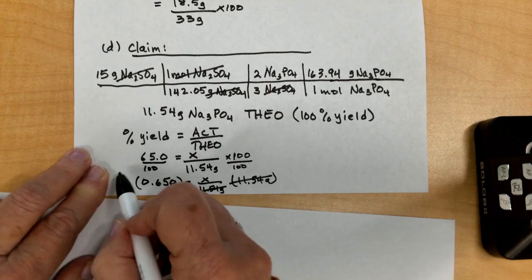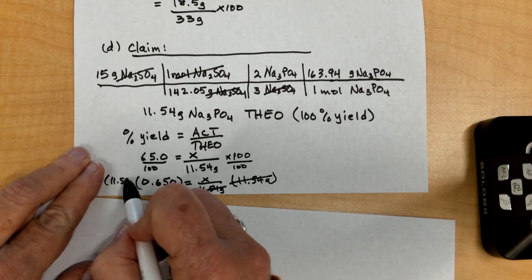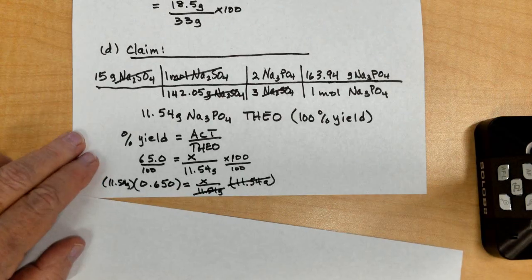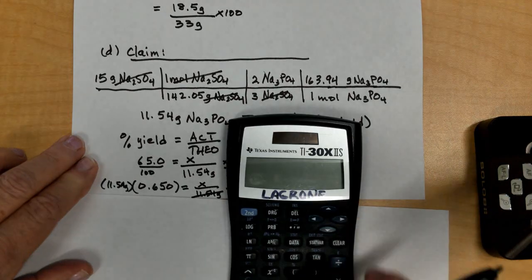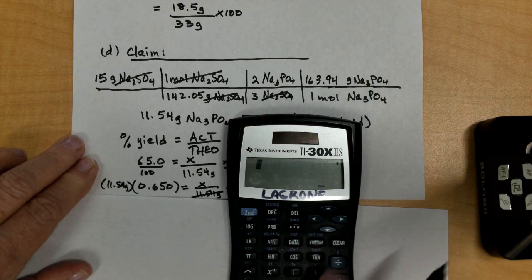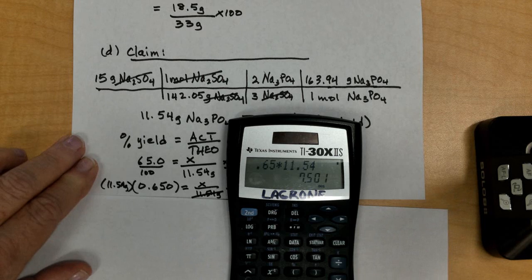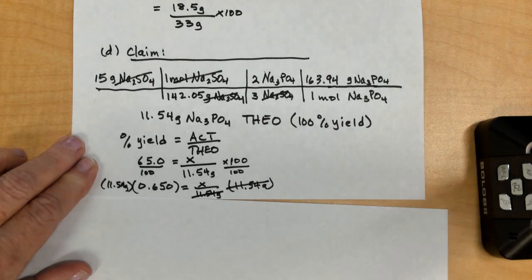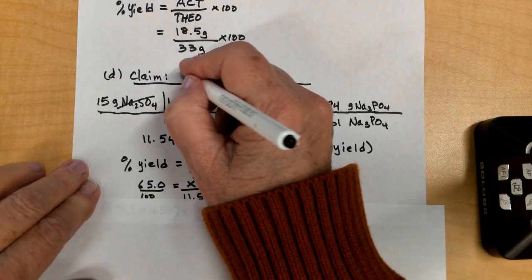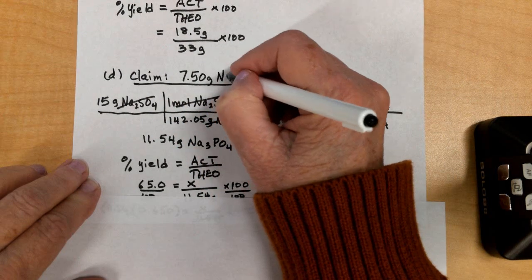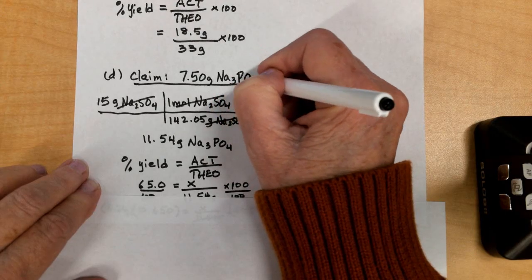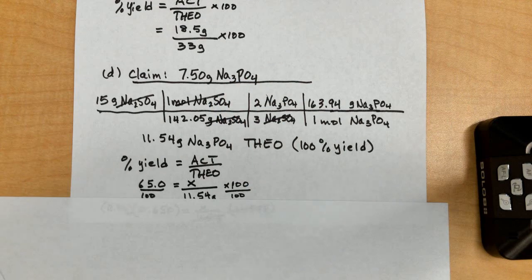They cancel here. And so I just have to take 65% of that. And when I do that, I get 7.50. So that's my claim, 7.50 grams of the sodium phosphate. That's how many I'll actually make.